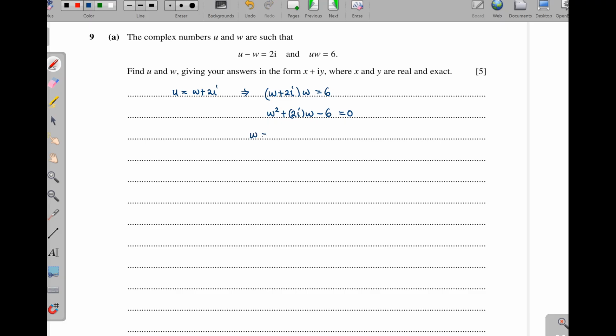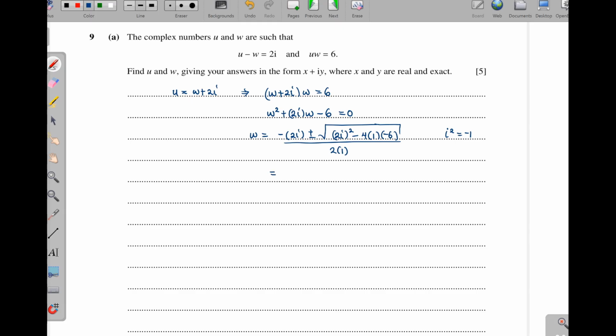So using the quadratic formula, w is going to be minus b. The b is going to be this 2i, then plus or minus the root of b squared minus 4ac, then divide by 2a. And in complex numbers, you should know that i squared is always equal to negative 1.